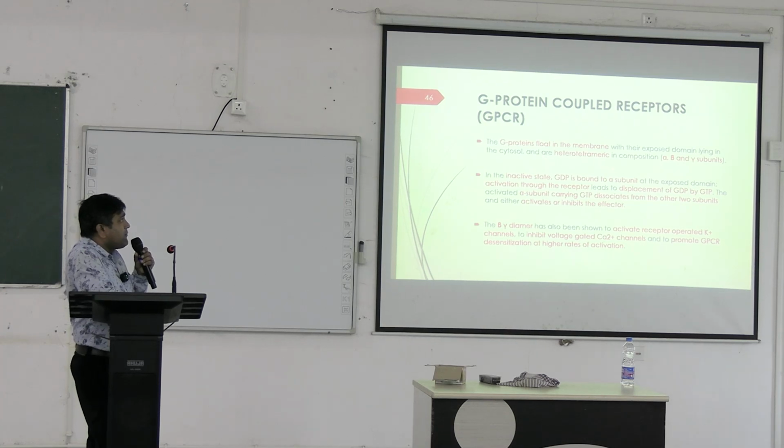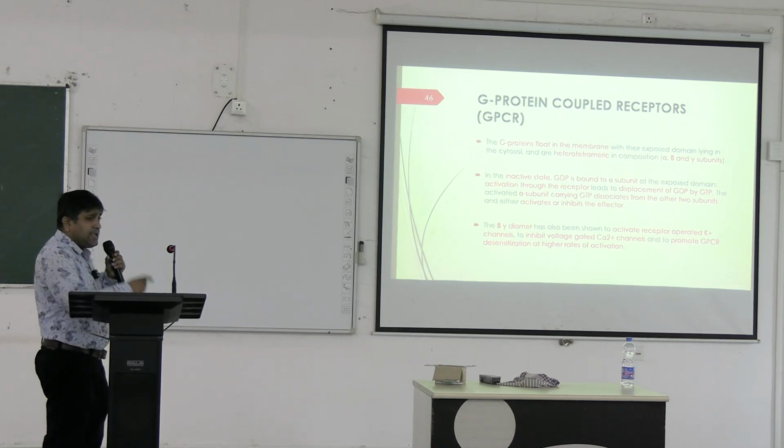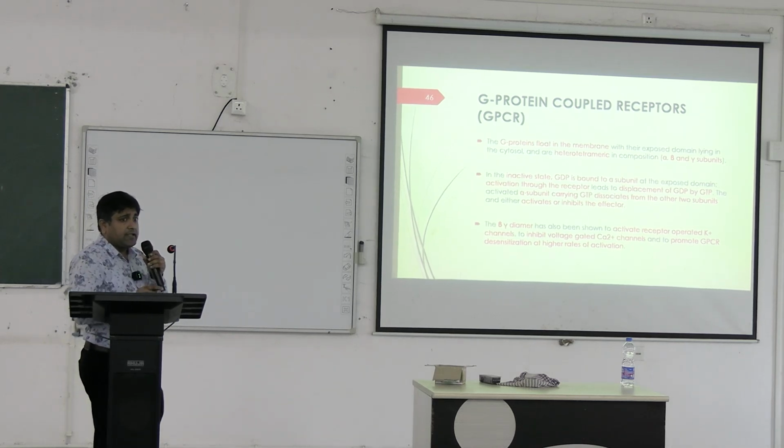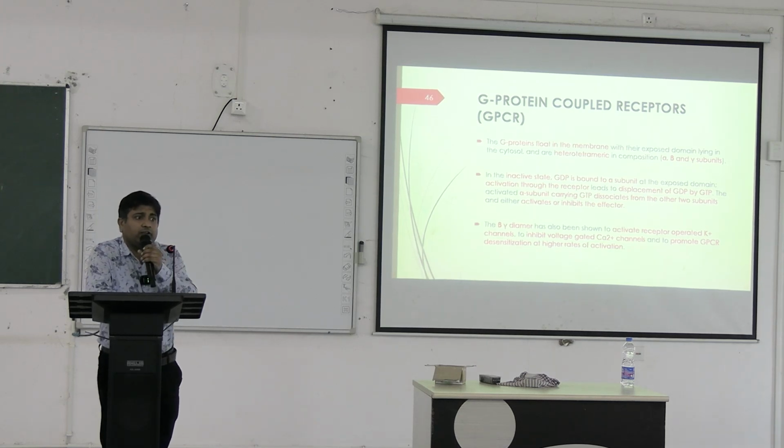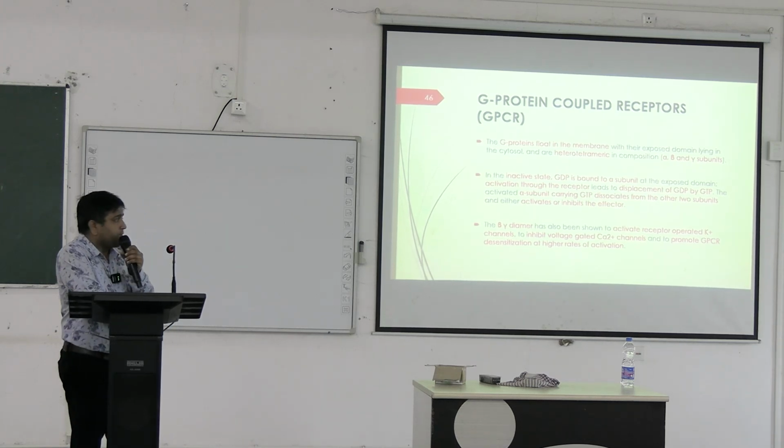They are heterotetrameric in composition, having alpha, beta and gamma subunits. Now, in the inactivated state, the GDP is bound to the alpha subunit of the G protein.